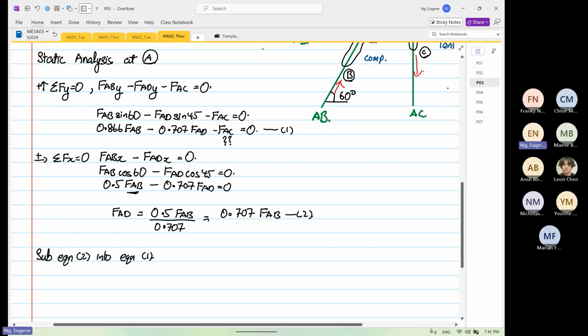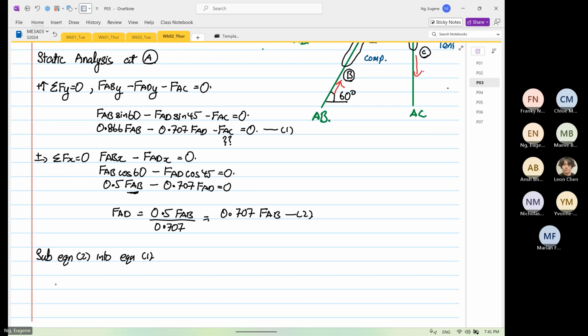So what we have is 0.866 FAB minus 0.707 FAD, which is 0.707 FAB. Okay, and then minus FAC. The whole thing will be equal to 0.